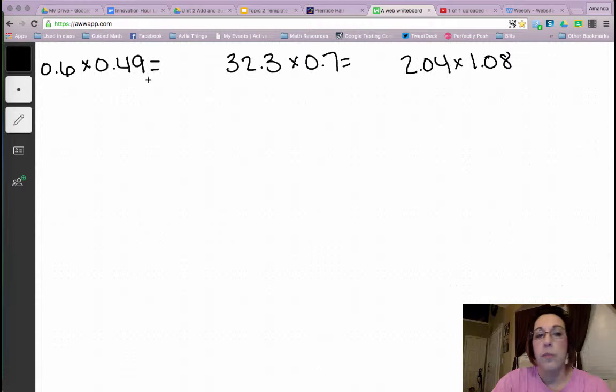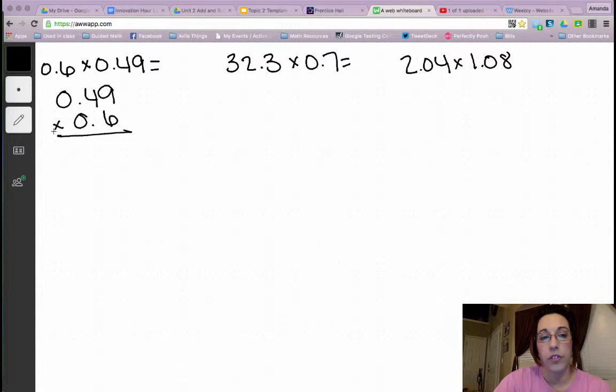I look at this problem right here and I see I've got 1 number times 2 numbers. I'm going to put these 2 numbers on top just because it's less work for me to do. 9 times 6 is 54. 6 times 4 is 24 plus 5 is 29.